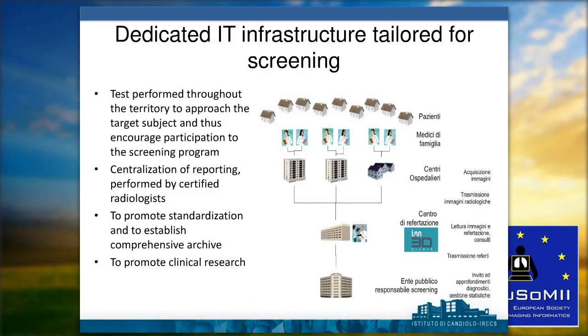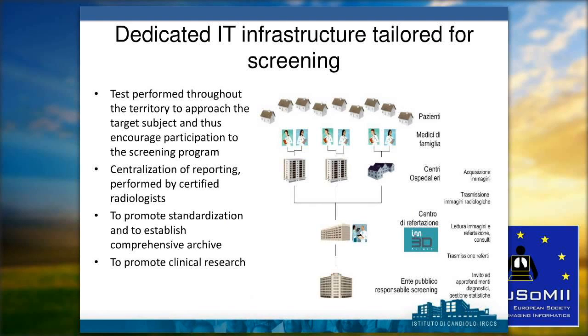The tests, I'm talking always about CT colonography, were performed near the participant's house. People would just go to the closest hospital, and then all exams were sent to a centralized reporting facility where they were reported by certified radiologists.